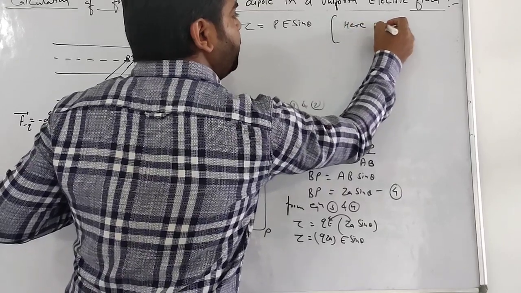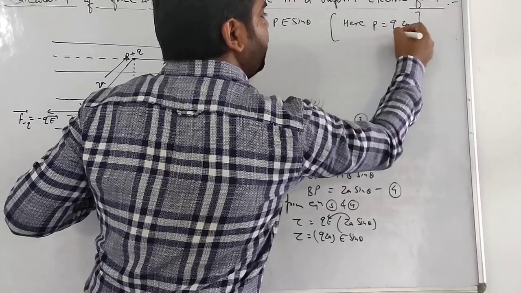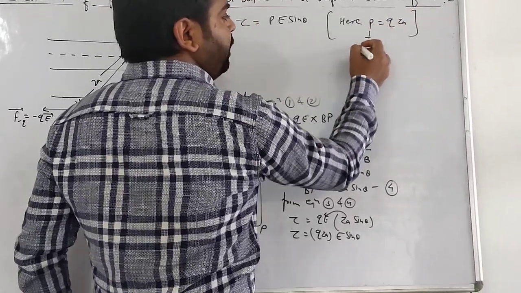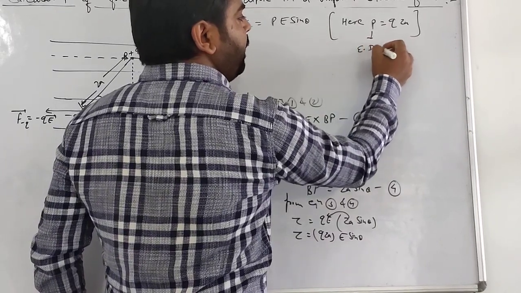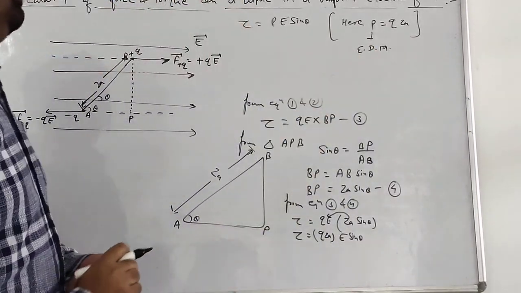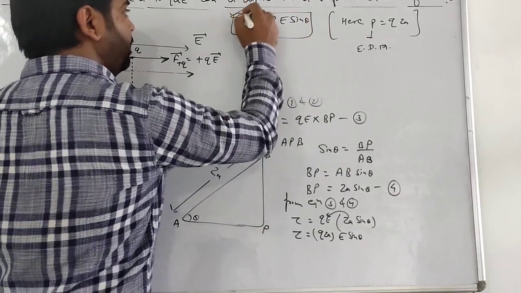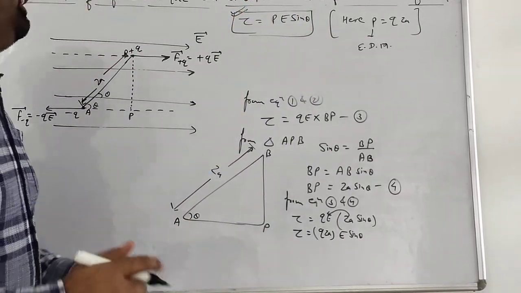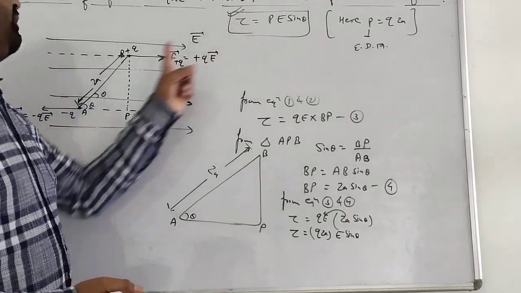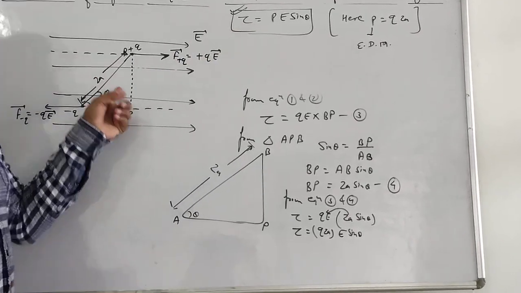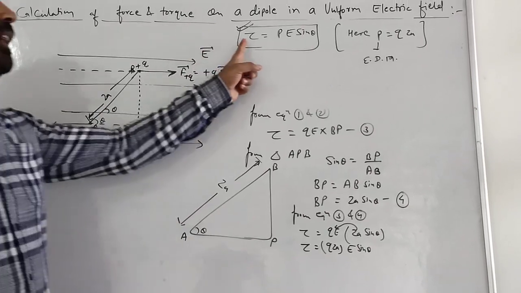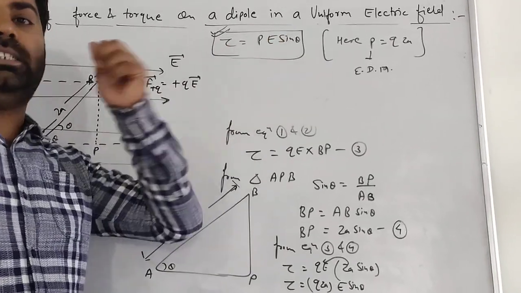Here P is equal to Q multiplied by 2a, and P denotes the electric dipole moment. Hence we deduce the final expression of tau exerted on an electric dipole placed in a uniform electric field. The formula is tau is equal to PE sin theta.